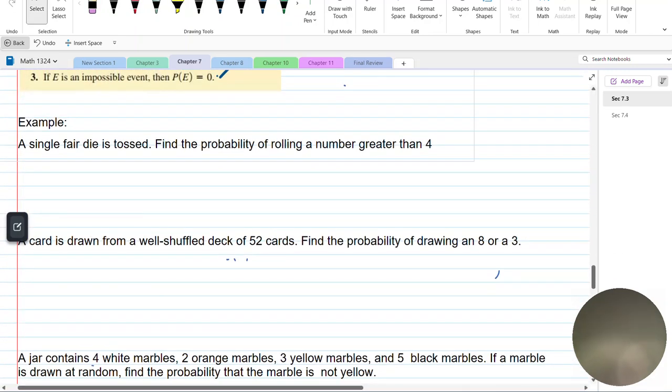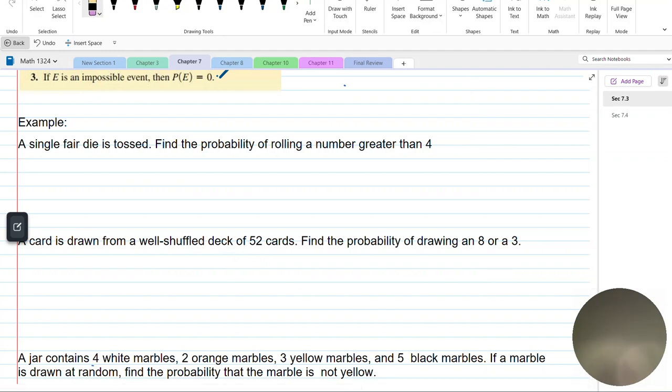They're not difficult. We're just getting an exposure and understanding how to construct them. A single fair die is tossed. So our sample space is 1, 2, 3, 4, 5, and 6. That's our sample space on the single die. Find the probability of the event, number greater than 4.